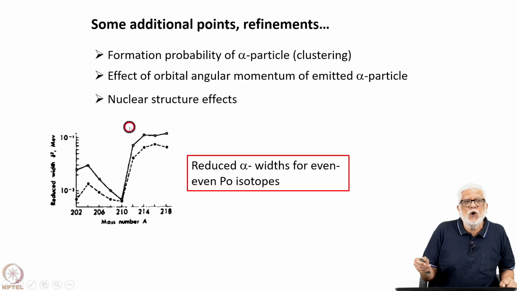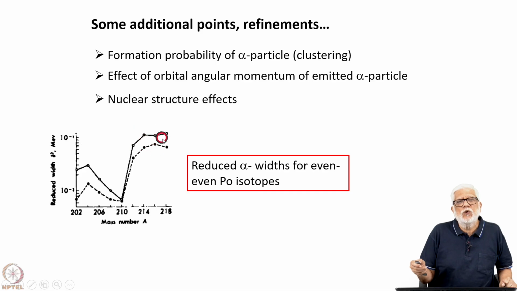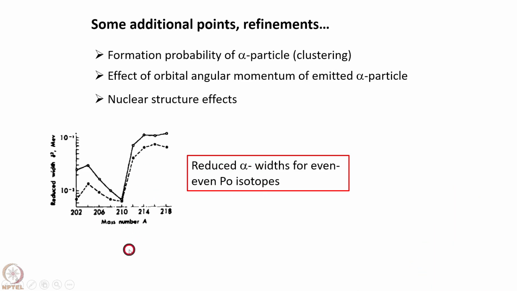So this is of the order of 10 to the minus 1 or greater, which means that 10% or more is the kind of reduced width that we get for the even polonium isotopes. Of course, such numbers exist for other nuclei as well.